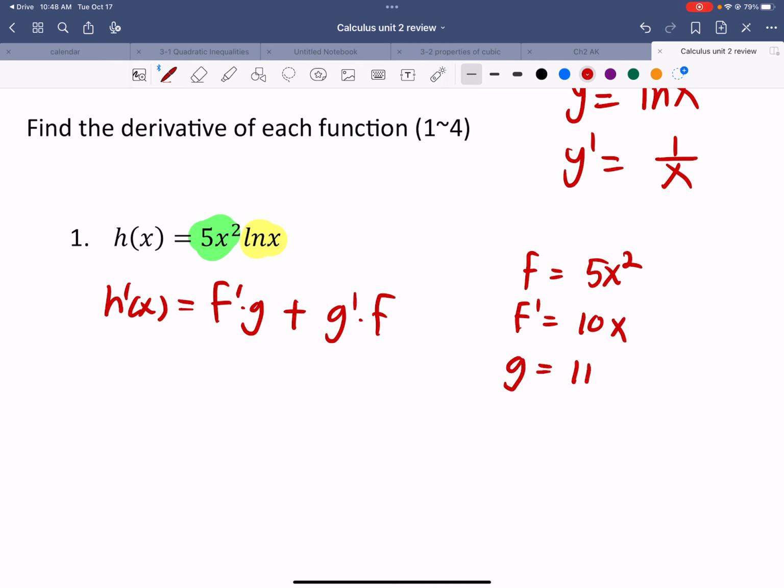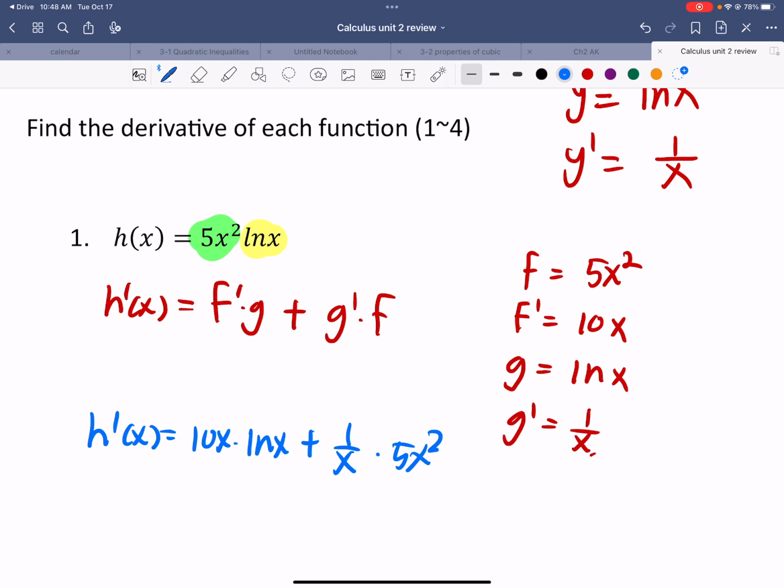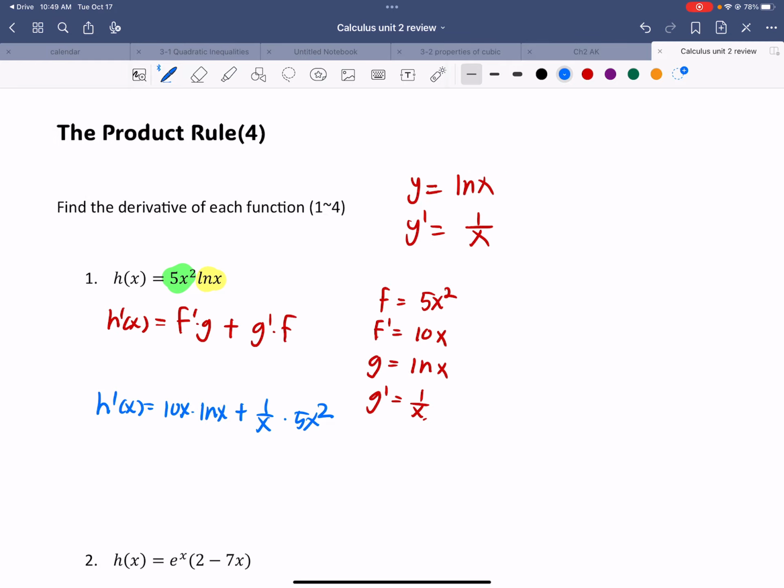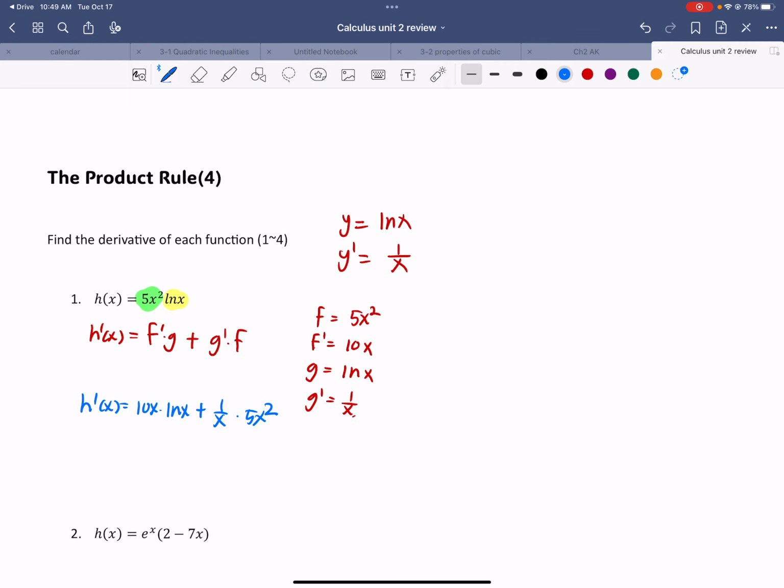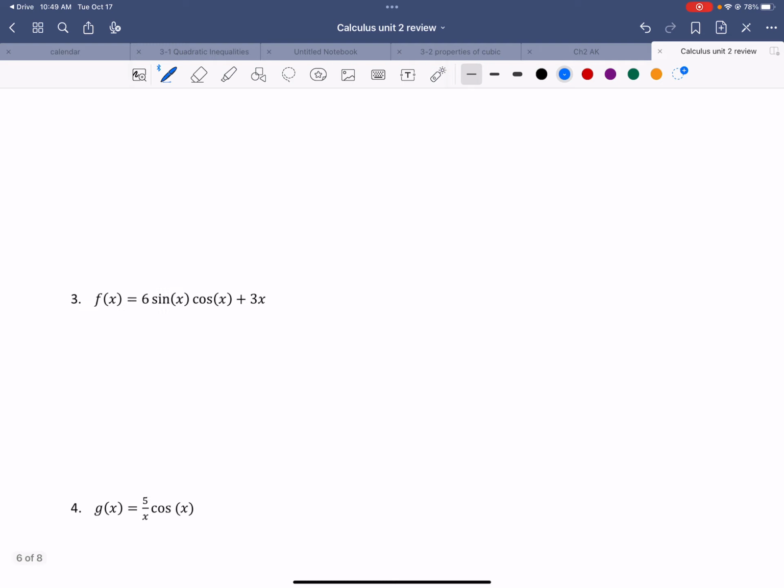G is going to be natural log of x. G prime is going to be 1 over x. So h prime of x, you just copy this one. It's going to be 10x times g, which is natural log of x. What am I doing? I'm sorry. So 10x times natural log of x, plus g prime, which is 1 over x, times f, which is 5x squared. So that's about it. And I believe you guys can do the other questions by yourself, I guess.